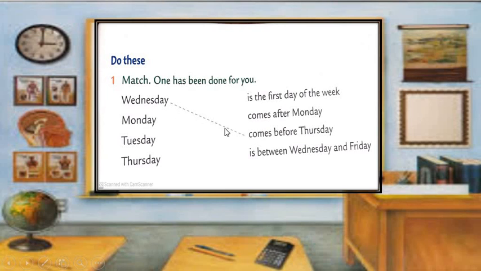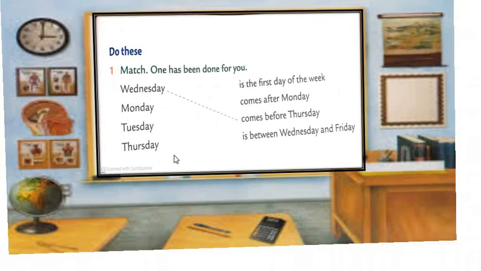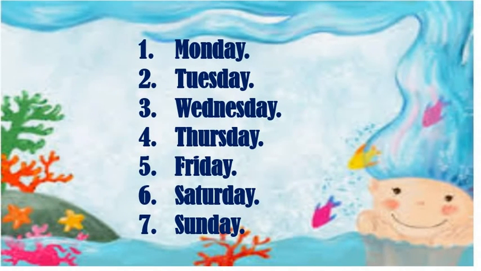The first match is already done. Wednesday comes before Thursday. See, this is Wednesday and Thursday. So Wednesday comes before Thursday.